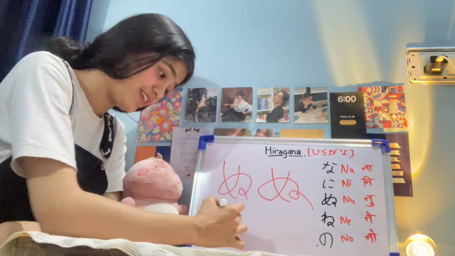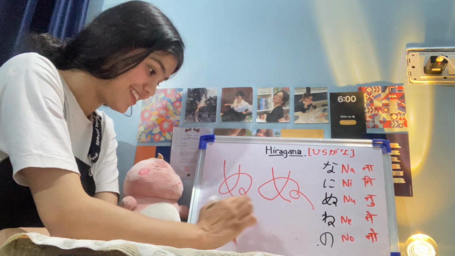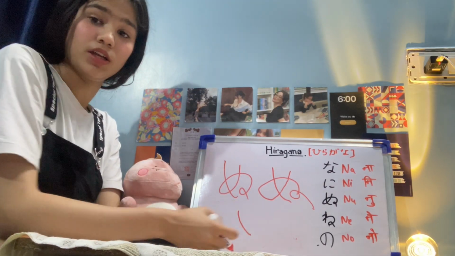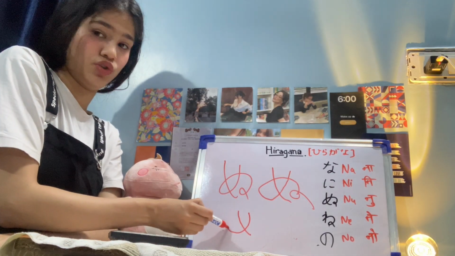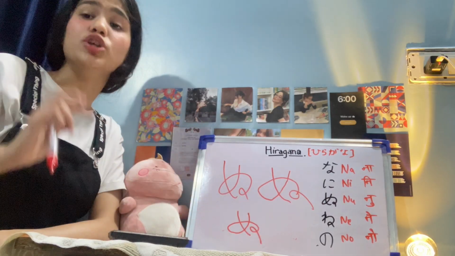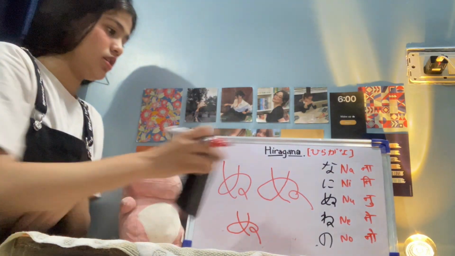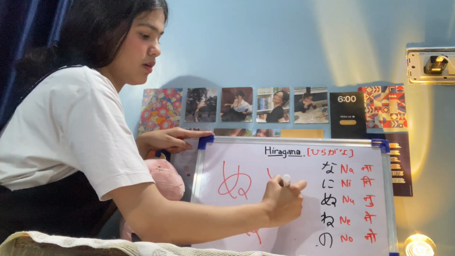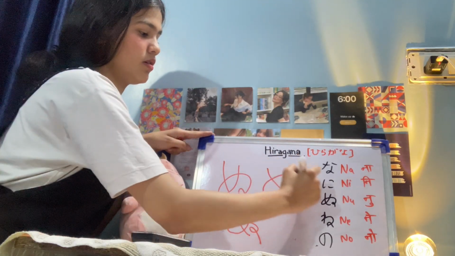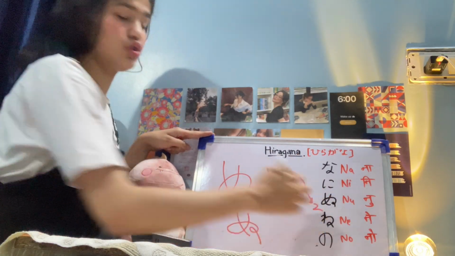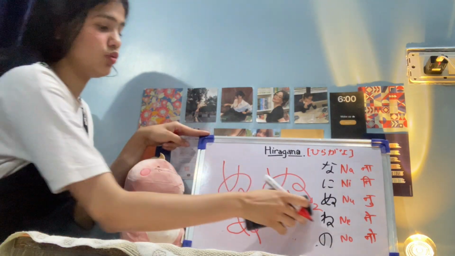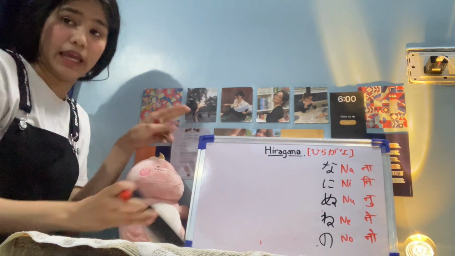It's not English, but yeah, that's how I learned it. So 1 and 2. There are only 2 strokes. Nu. Nani nu.